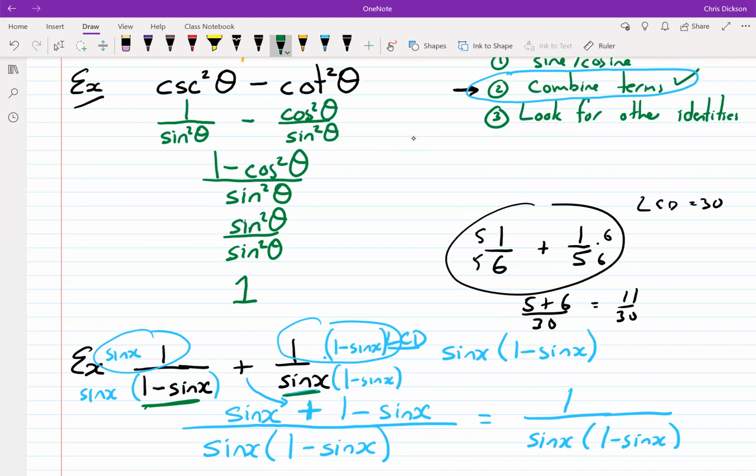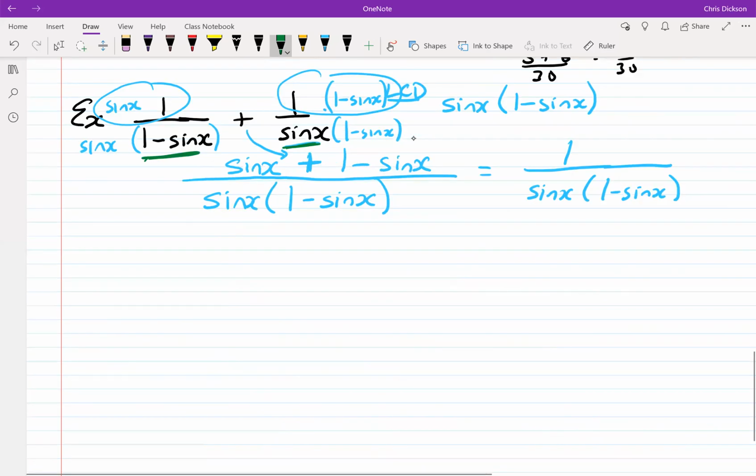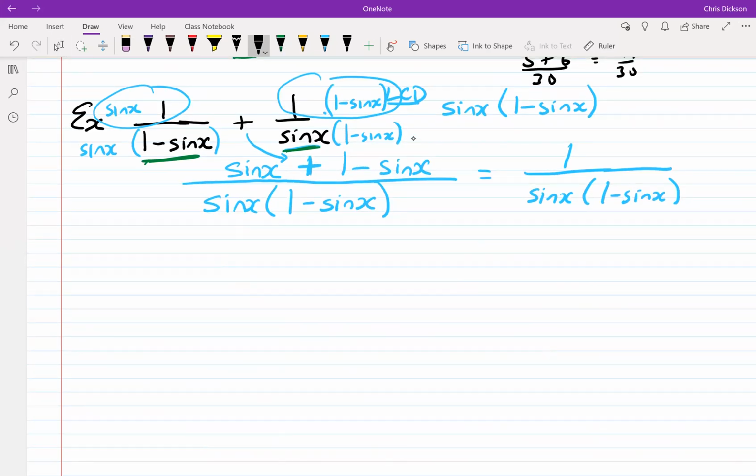But let's try 2 more simplifying ones. So once again, we're just working with those first few identities. So example, let's take 2. Is that too hard?